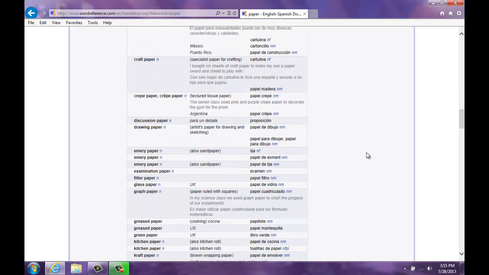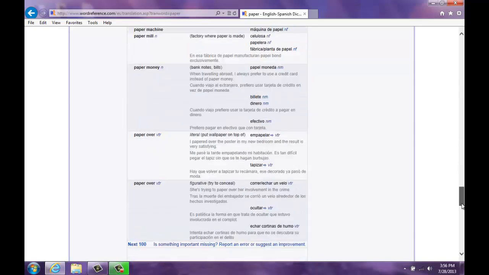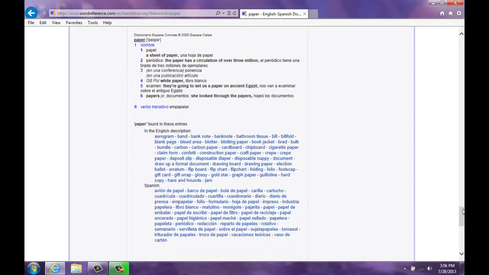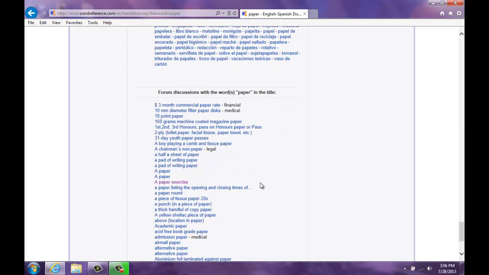Also, each page, if you go down further at the bottom, has forum links, which, instead of looking up specific one-word, two-word answers to a specific entry, actually give you a chance to look up things such as phrases and colloquialisms that you might not find in the actual entry for each word.